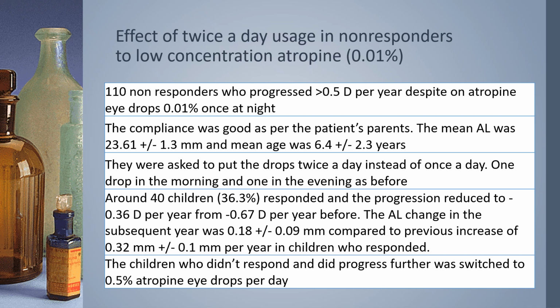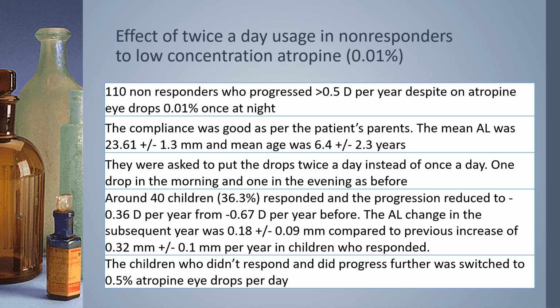As per patient's parents, the mean axial length was 23.61, and the axial length was also progressing. Lo and behold, it was progressing 0.32 millimeters, and the progression in terms of dioptric power was 0.67 diopter per year.